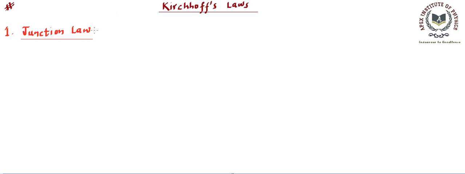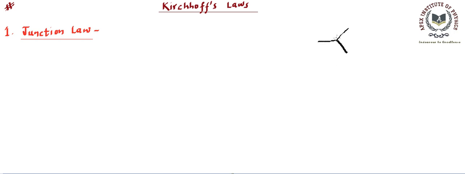So junction law simply says whenever there is going to be a circuit, there can be a junction. At the junction, whatever the charge is flowing toward the junction is going to be equal to the charge moving outside from that junction. Just to illustrate, let's say in any circuit we find this junction point, and a wire is coming from, let's say, this side, and a wire is going here and another wire is going here.